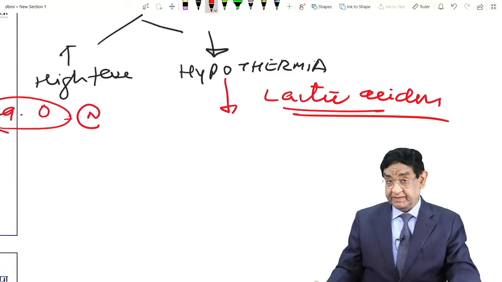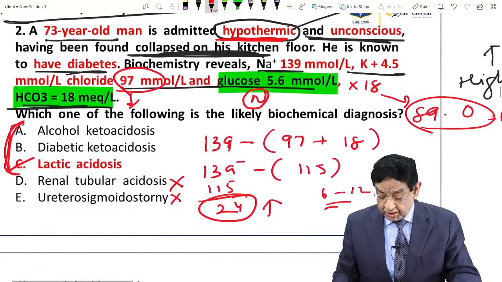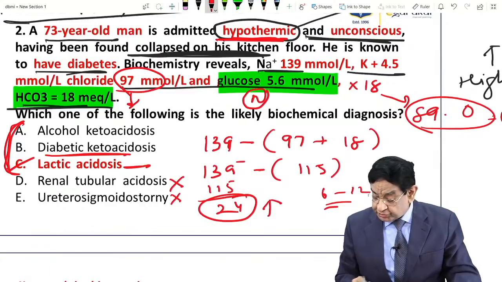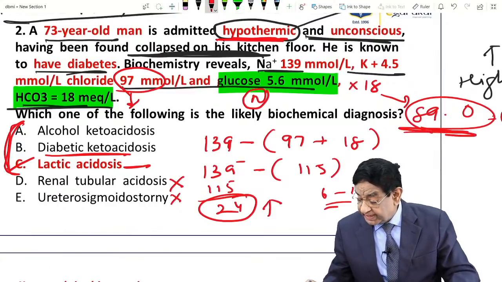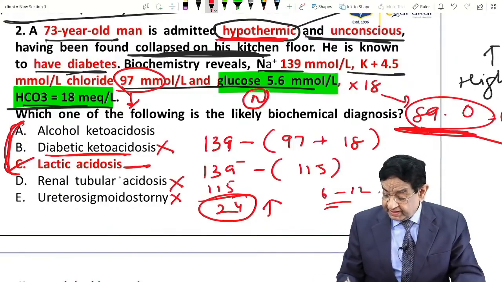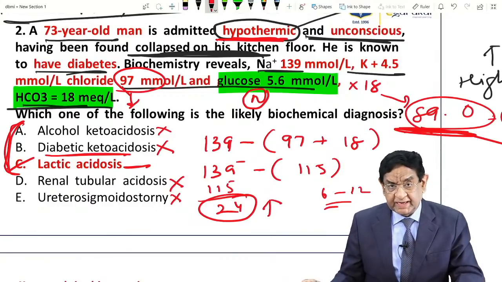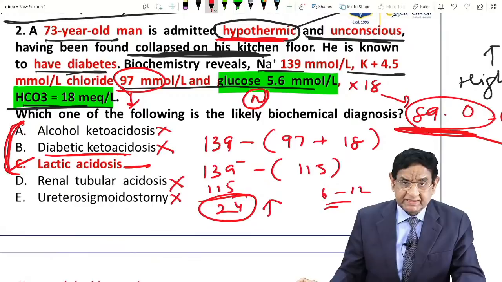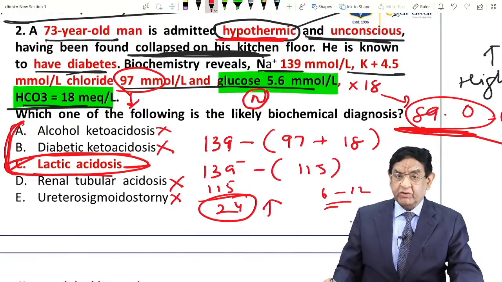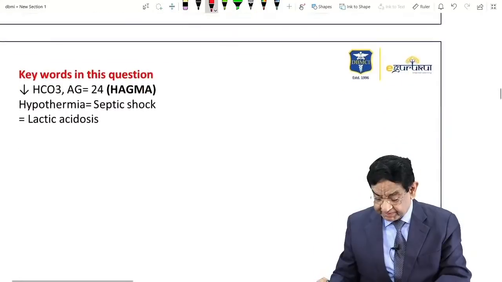So out of these, this is the better answer. What about DKA? Sugar is normal, somewhere around 89. At 89 sugar, DKA does not happen. And moreover, for alcoholic acidosis, nothing is mentioned about alcohol. By the rule out technique, we are quite sure that we are dealing with lactic acidosis, where we have increased anion gap.